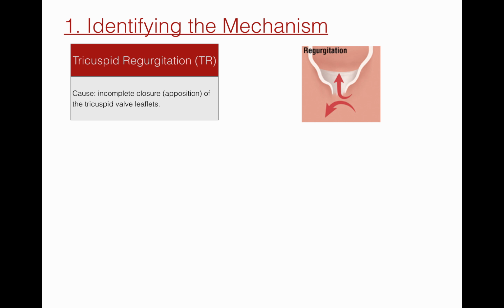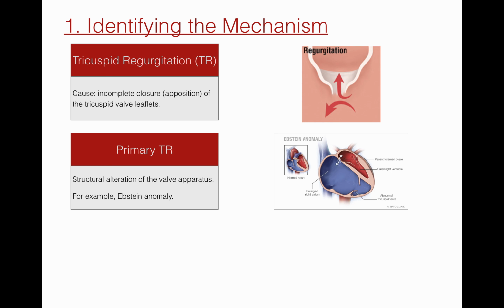Tricuspid regurgitation occurs for similar reasons. Primary tricuspid regurgitation occurs due to a structural alteration or alterations to the tricuspid valve apparatus. An example of this being the anatomical alterations that occur with Ebstein anomaly.